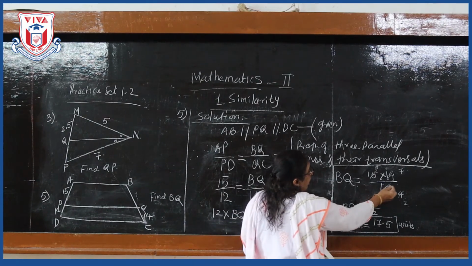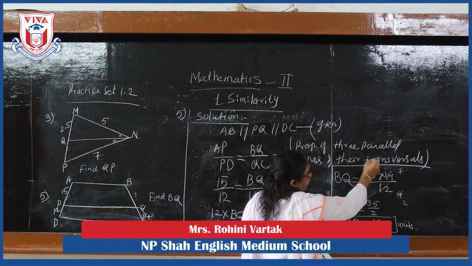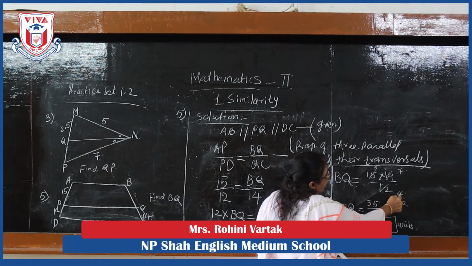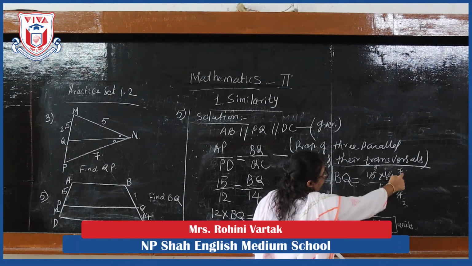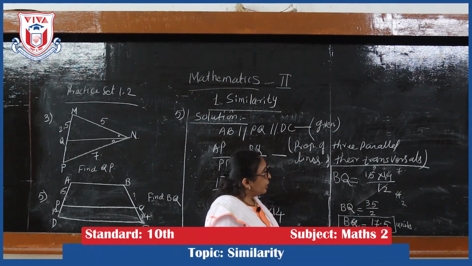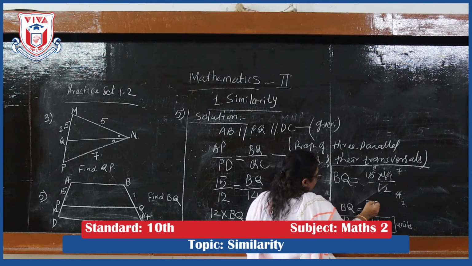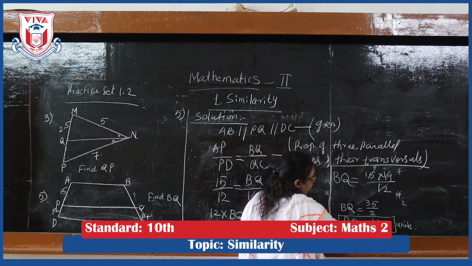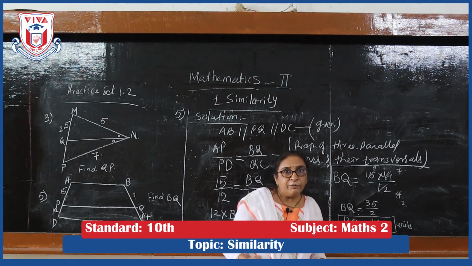Here, 3 4s are 12, 3 5s are 15. Again, you can do the cancellation. 2 2s are 4 and 2 7s are 14. So 5 into 7, 35 divided by 2, that is BQ is equal to 17.5 units.